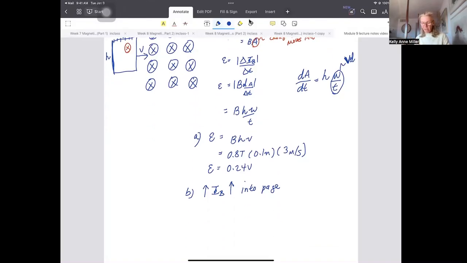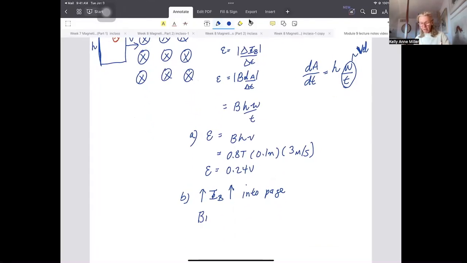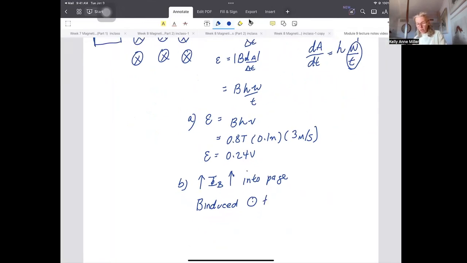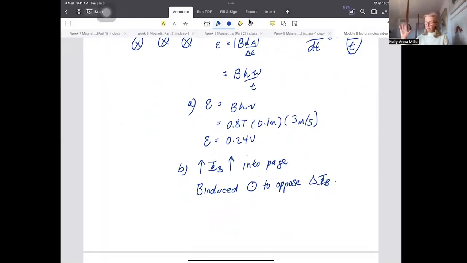So that means the induced B field is going to point out of the page to oppose the change in flux. Okay. So if I point my thumb out of the page, the current is counterclockwise.